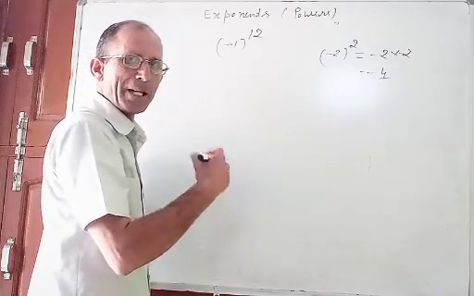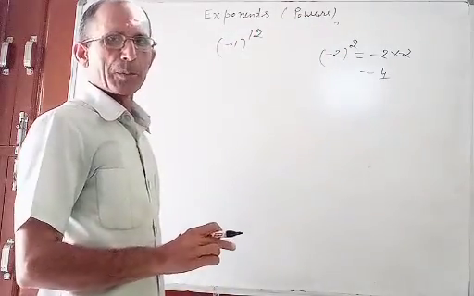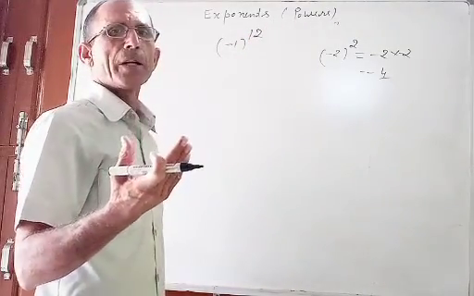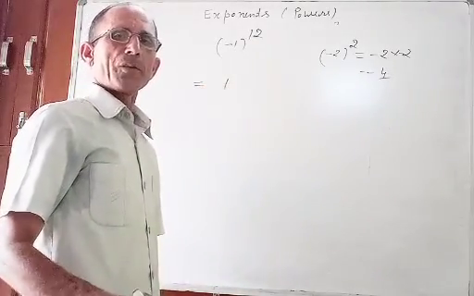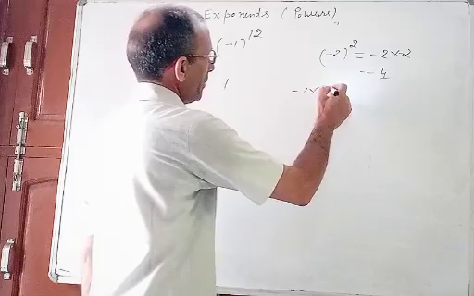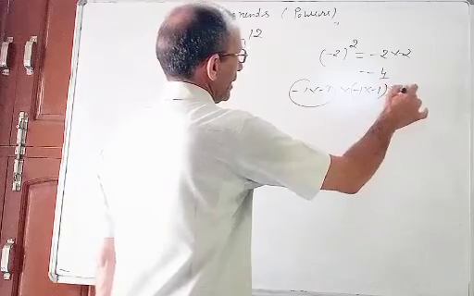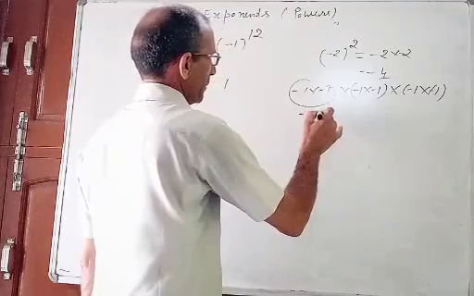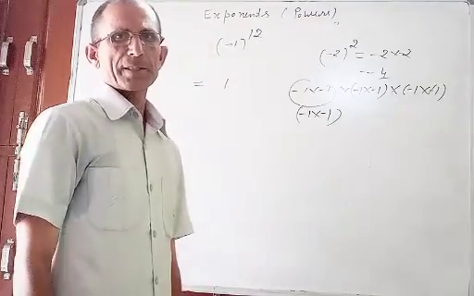So no need to solve it step by step; directly you can write it, because the negative number is multiplied an even number of times. The result will be 1, because multiplying minus 1 by itself 12 times gives pairs of minus 1, each pair becoming plus, so the result will be plus.